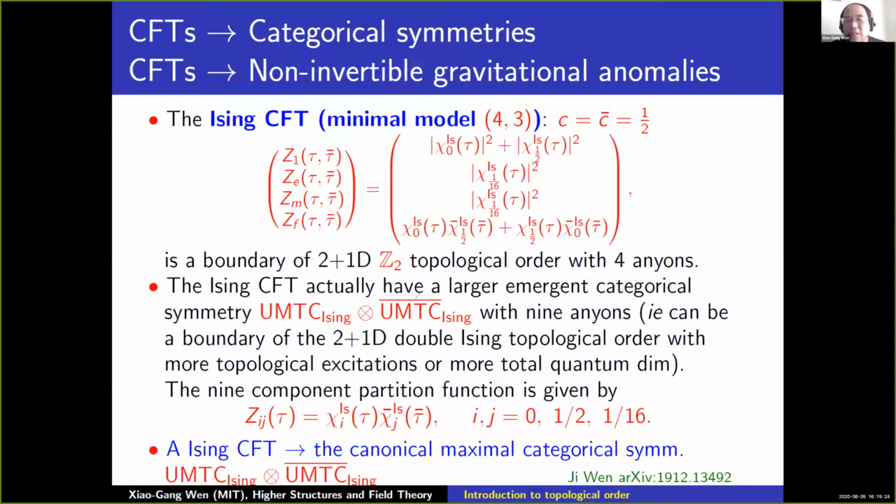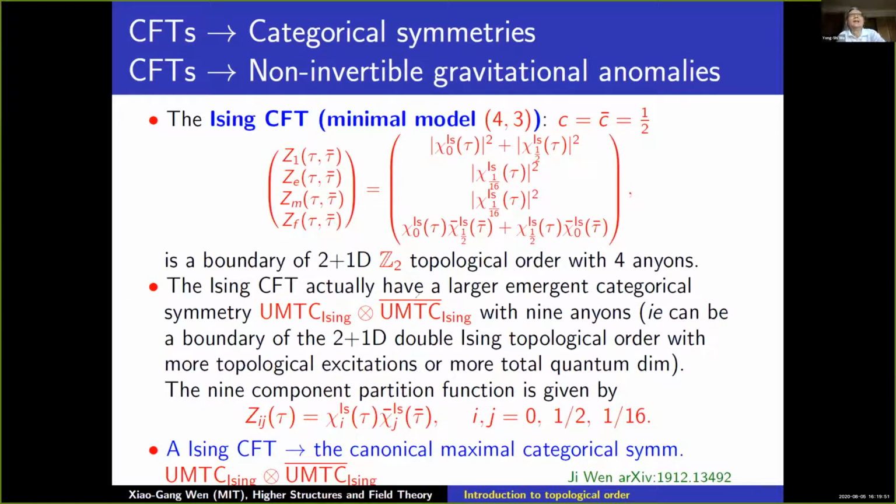Yes. So the quantum double is like a topological order in one higher dimension, so we can generalize that. So categorical symmetry is also topological order in one higher dimension. In that sense, it's a generalization. So a categorical symmetry can be a unitary modular tensor category. So that's a generalized quantum double.